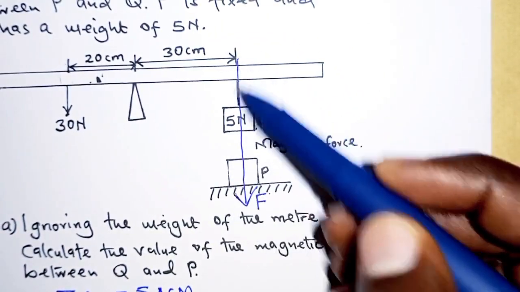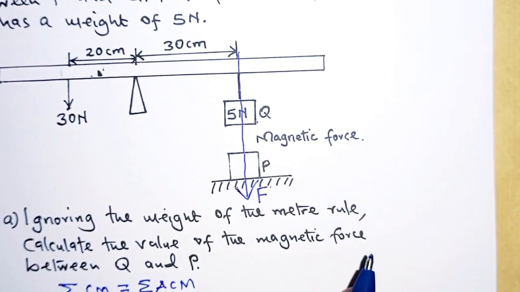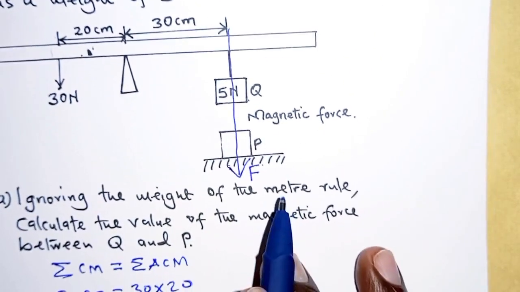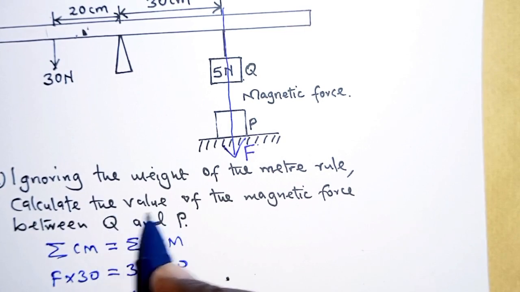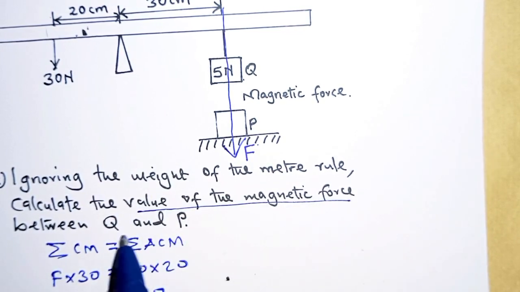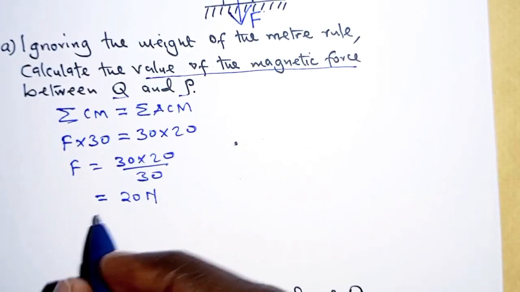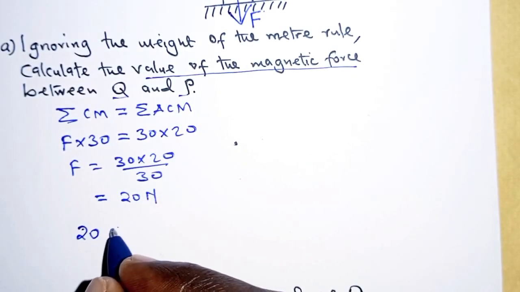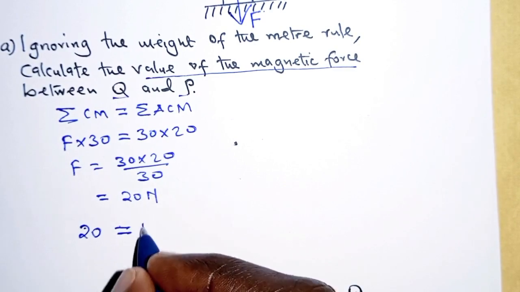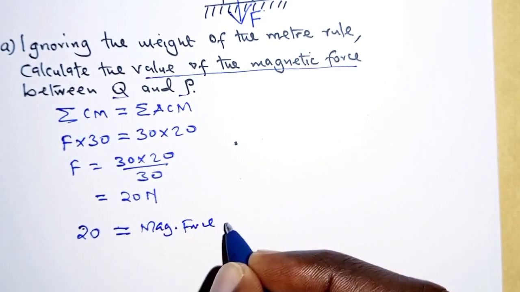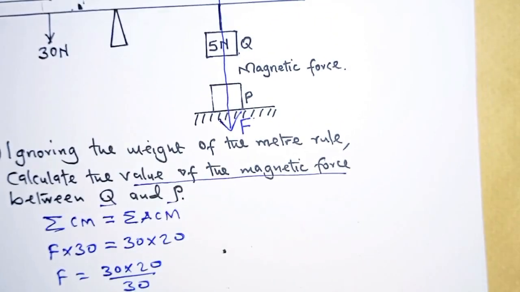at this point here. So remember, the question required us to get the value of the magnetic force between Q and P. So this force 20 newtons should be equal to the sum of the magnetic force and the 5 newtons that we have here.